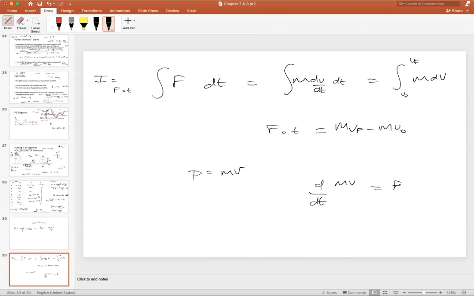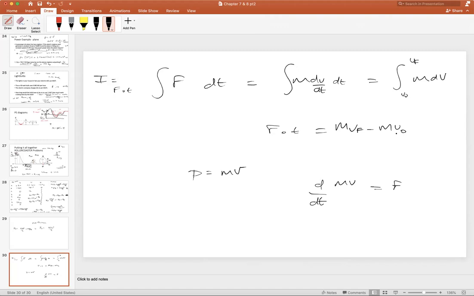So what we're going to do is talk about how impulses work. If we apply a force for a certain duration of time, we get a change in momentum. Linear momentum is what that's called. We're going to use that and the fact that it's conserved as long as there are no forces. If F were 0, then the final is equal to the initial. But when we have a system of particles, so we have more than one mass attached like on a string, if the momentum of one changes in the system, the momentum of the other has to change as well so that the total momentum is always 0.